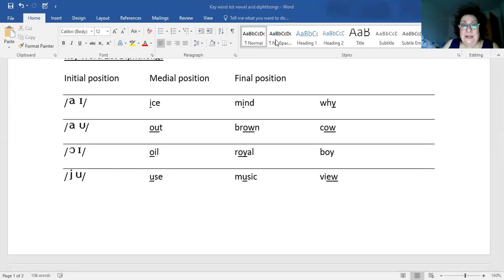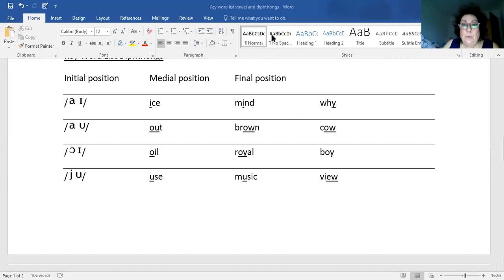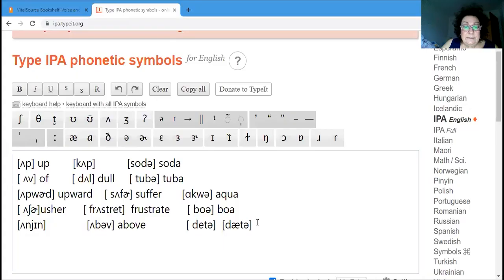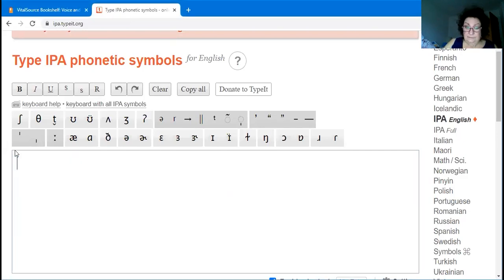So let's take I first. Oh, I forgot the words. So we are going to do ice, mind, Y. We're going to put that on our keyboard. Here is our keyboard. Sorry. Here we go.